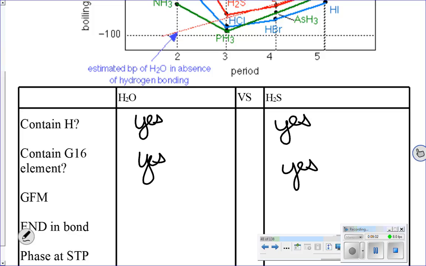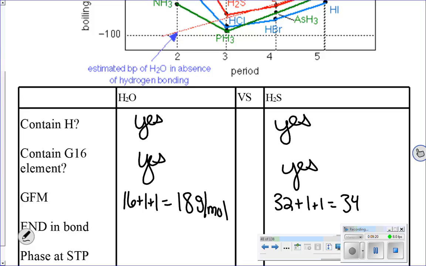If we want to look at our gram formula mass for these, for oxygen, we have 16 plus 1 plus 1, which gives us 18 grams per mole. For sulfur, 32 plus 1 plus 1 gives us 34 grams per mole.